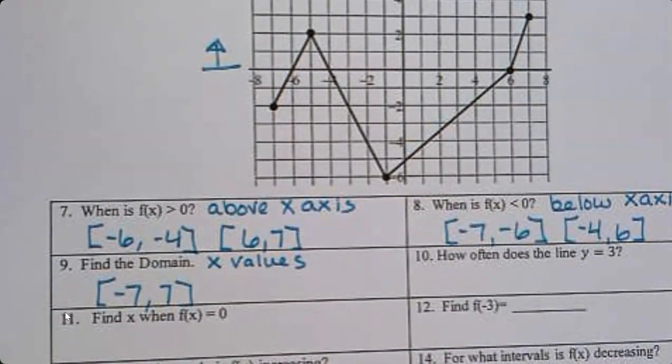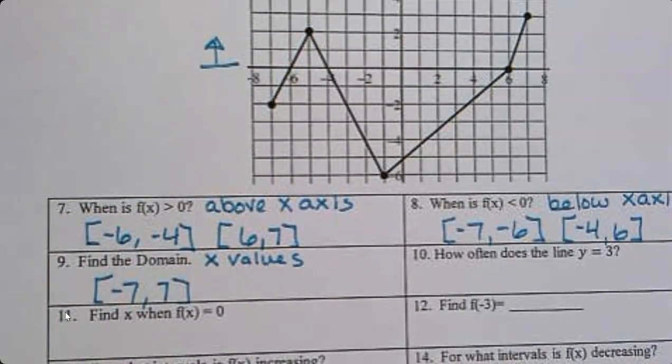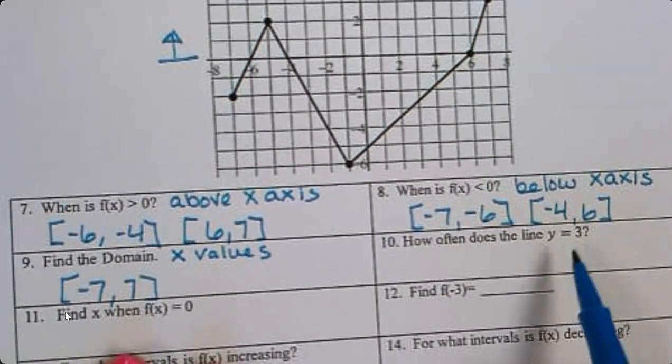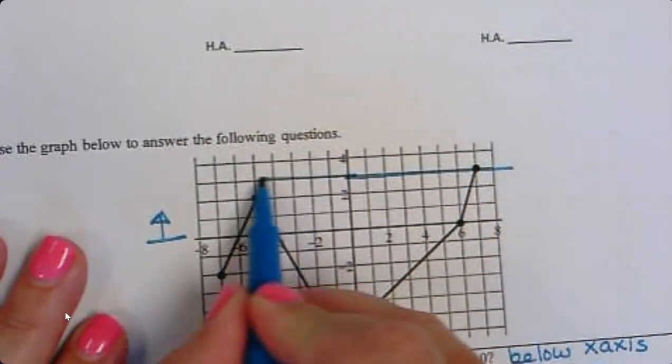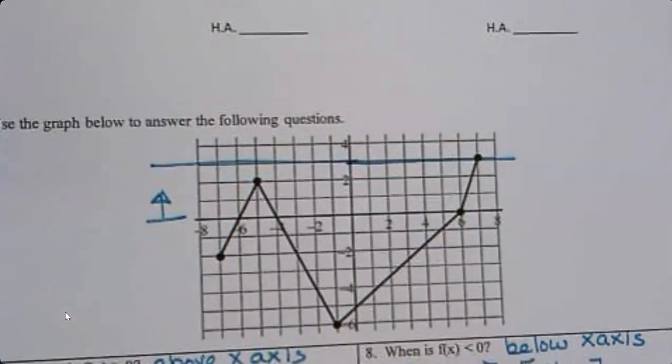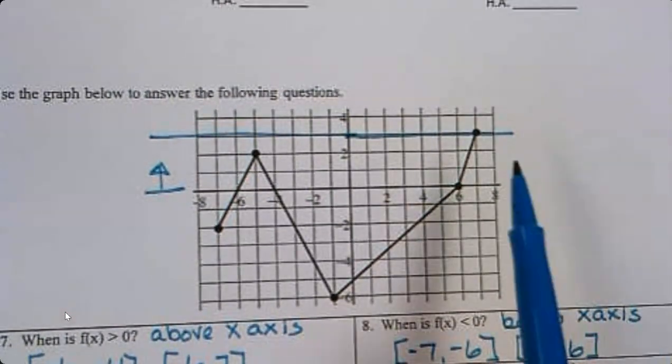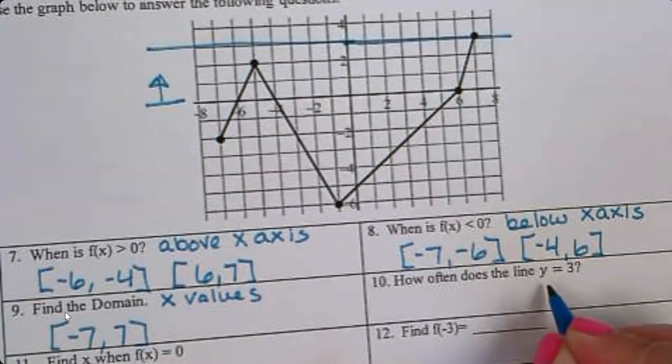Please make sure there are no arrows pointing, because that does change. The ending would be either negative infinity or infinity. Y equals 3. So here's y equals 3. Let's draw a line. How often does y equal 3 cross? And the answer is 1 time.